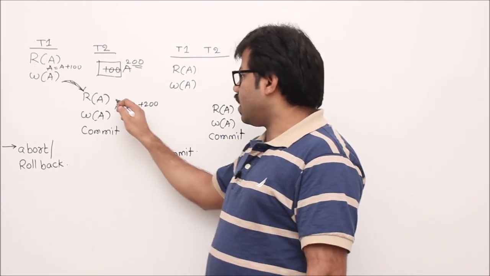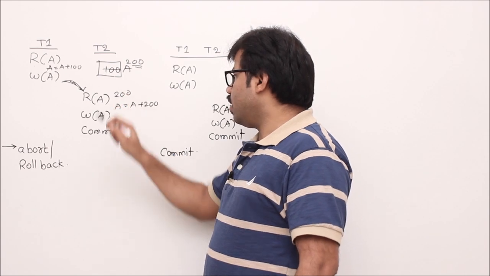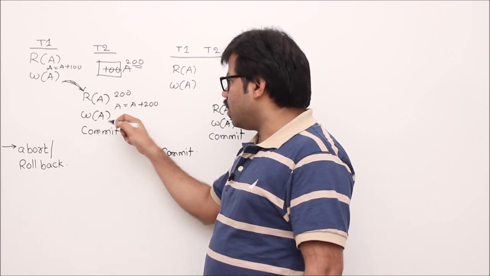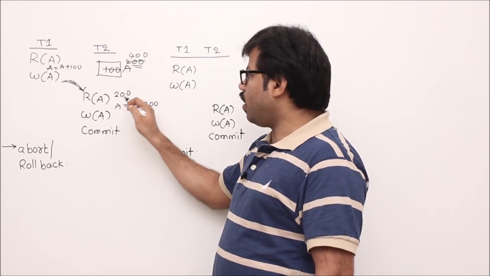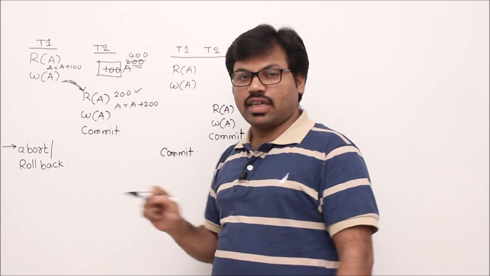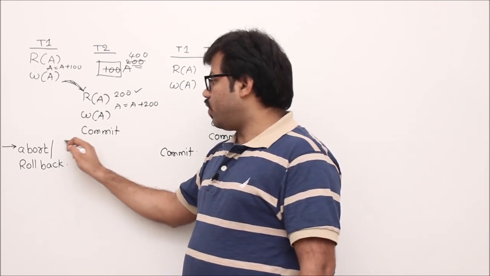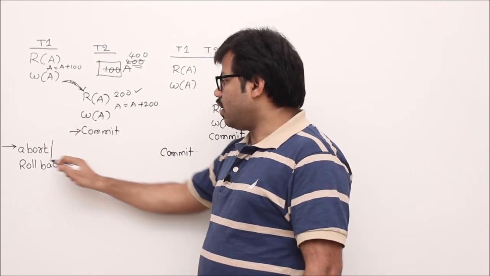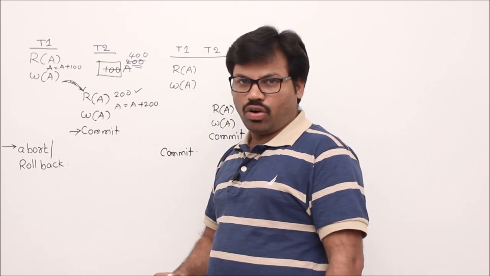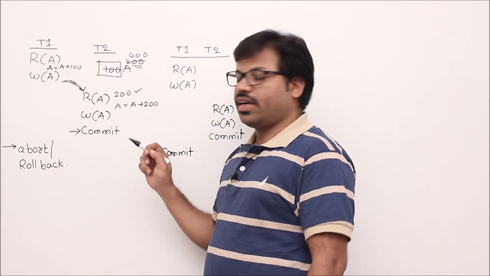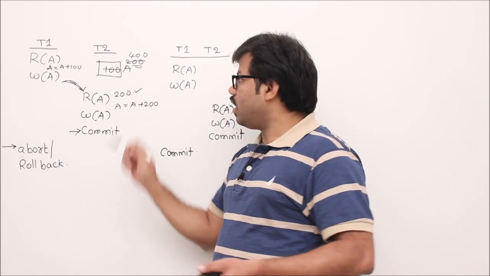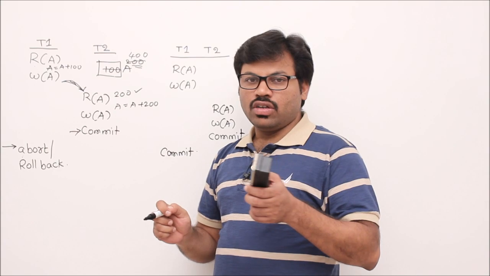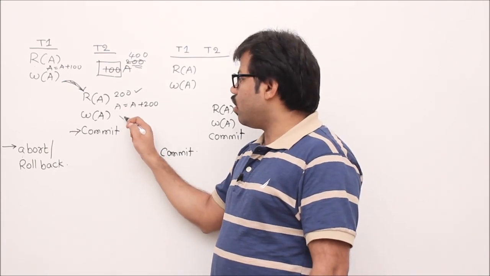So read of A reads 200 and A equals A plus 200, which becomes 400, and you update 400. That 200 must be correct for 400 to be correct, remember. Then after that you said commit, then transaction T1 got rolled back. Whenever T1 gets rolled back, whatever you have taken, that 200, is wrong, and hence your 400 is wrong. So finally we have to cancel T2 also, right?